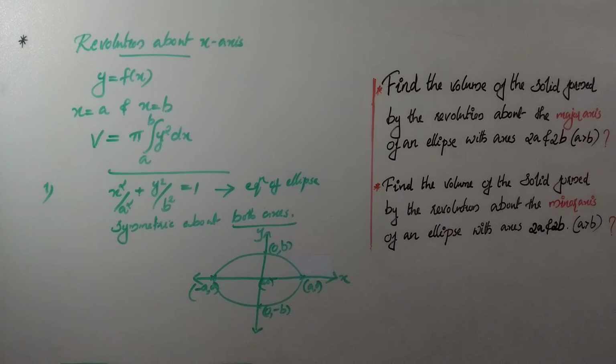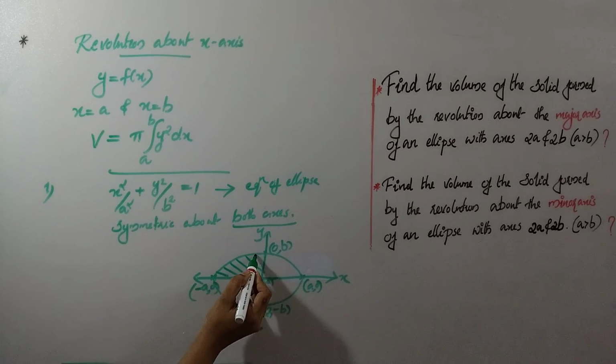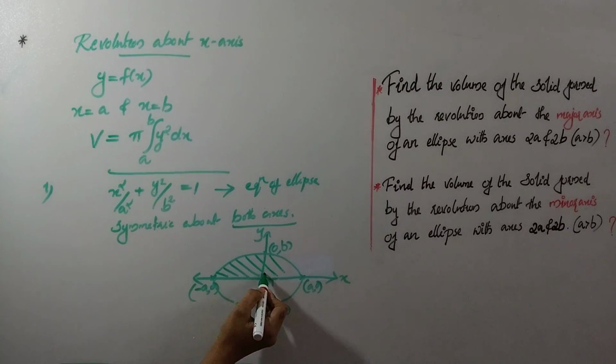And the given solid is obtained by the revolution about the x-axis of the area enclosed by the portion of the ellipse in the first and second quadrant and the x-axis, that is this shaded region, area enclosed in the first and second quadrant.